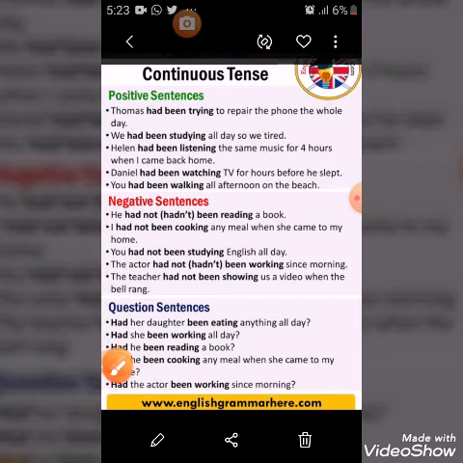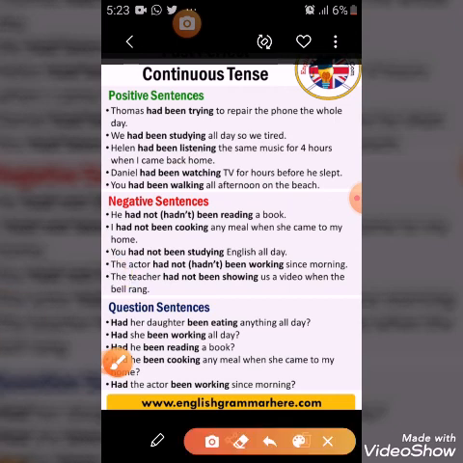On the other hand, I have one interrogative sentence, just to make you all understand the concept of since here. Had the actor been working since morning? This is how I can use since in my sentence. Since morning, since 1992.